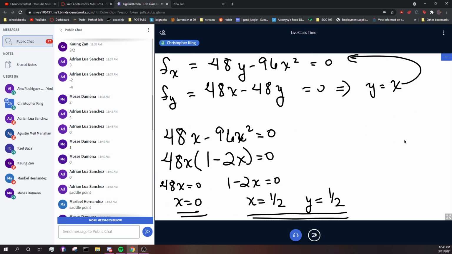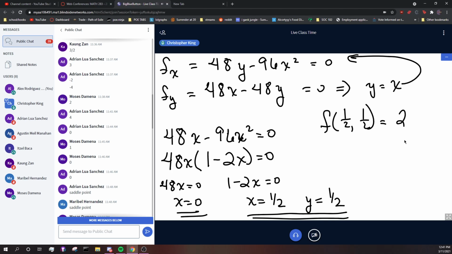So it's something that we need to check. If I look at f of 1/2, 1/2, if you evaluate the function at this point, what will I get? Yeah, we get a value of 2.